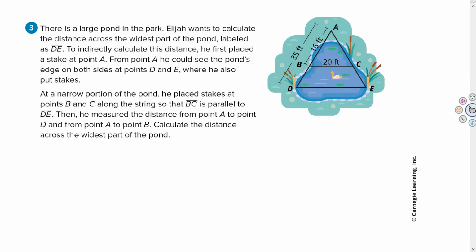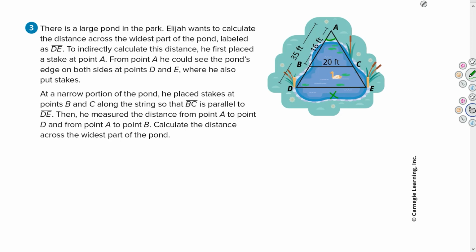Please pause the video and figure out why these two triangles are similar. I don't have right triangles anymore, but I do have two triangles, and I have angle A in both of them.